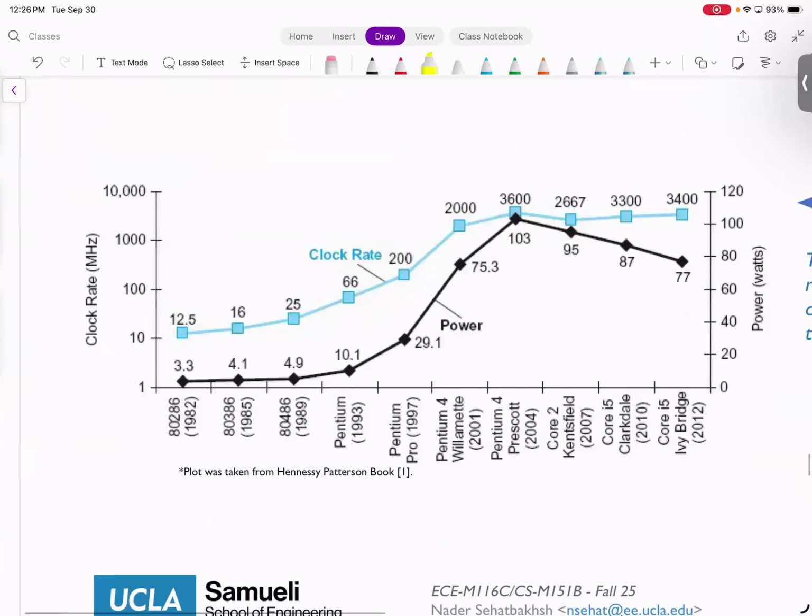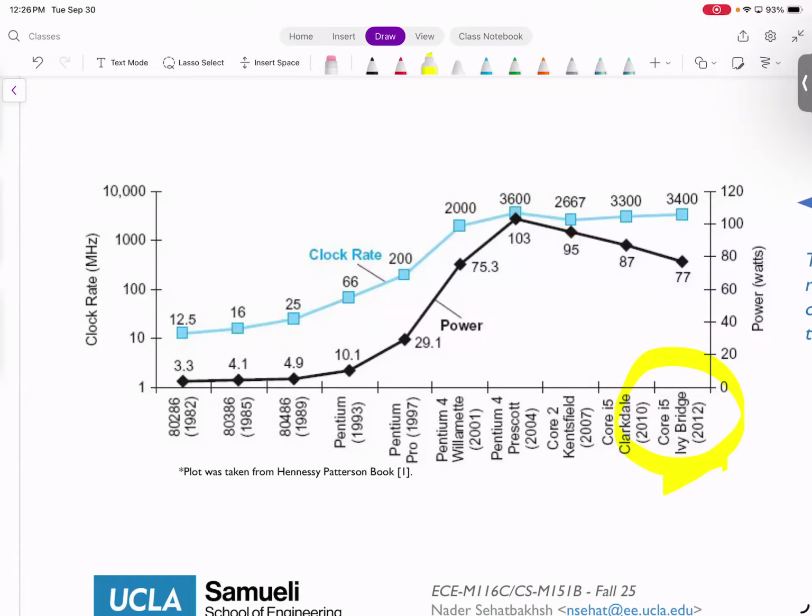And another interesting figure that I want to share with you is the clock speed and the power consumption. As you can see, the clock speed, which is a good approximation of how fast each transistor works, starts from somewhere around 12 megahertz in the early 80s, in the first version of the Intel 8086 processors, all the way to the latest generations of Intel processors.